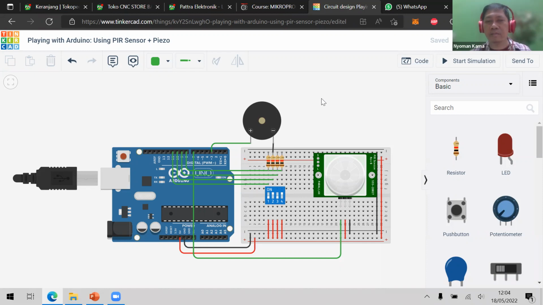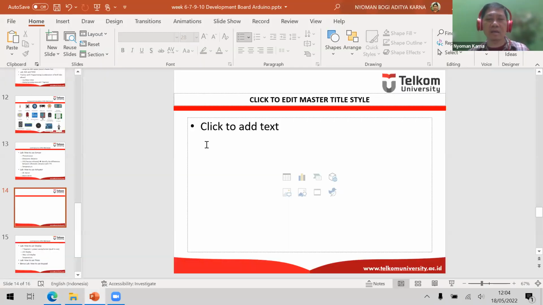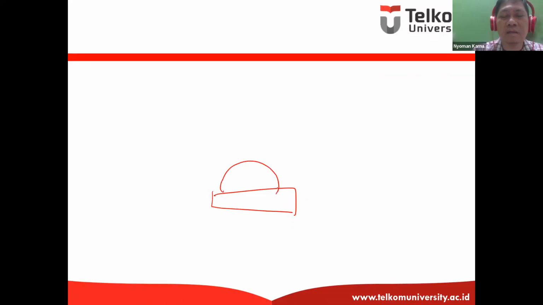Okay, now, how does the passive infrared sensor work? It's just like the ultrasonic distance sensor, but in here there is only one sensor.